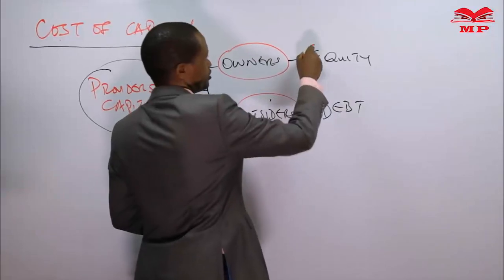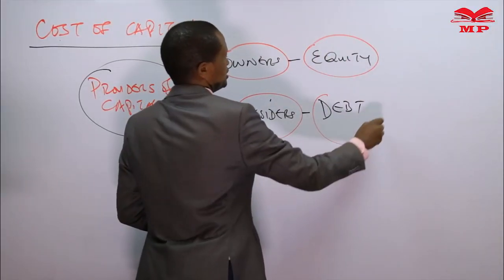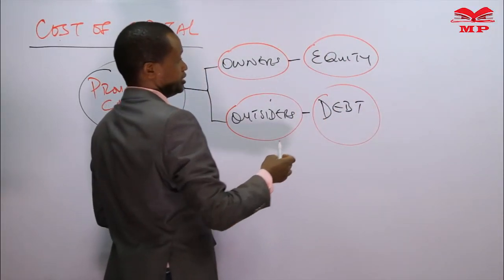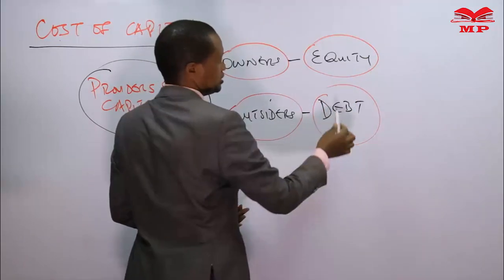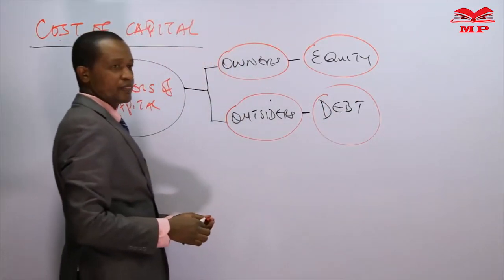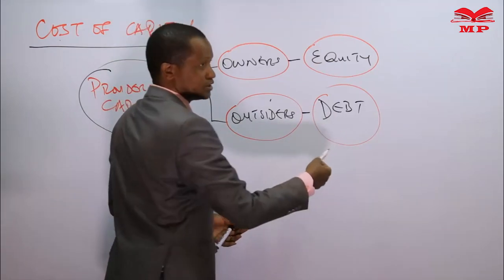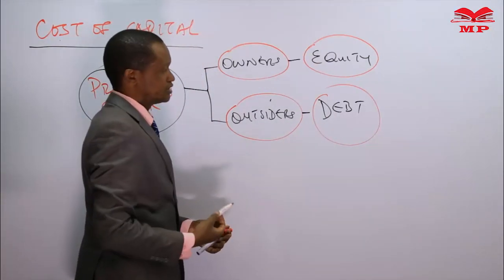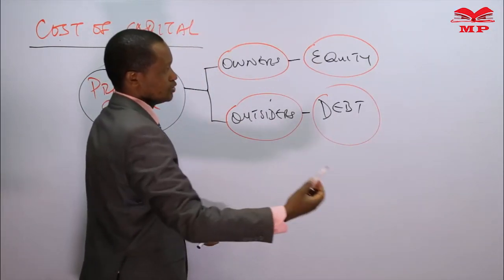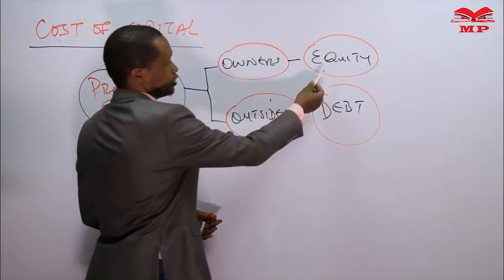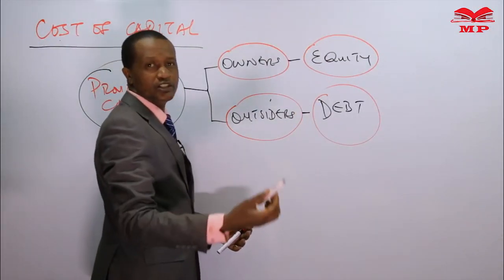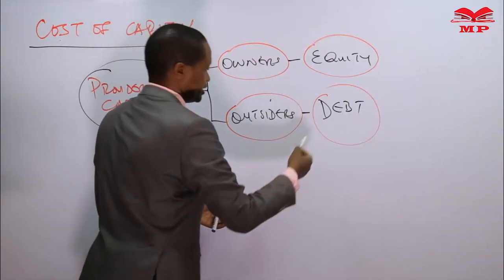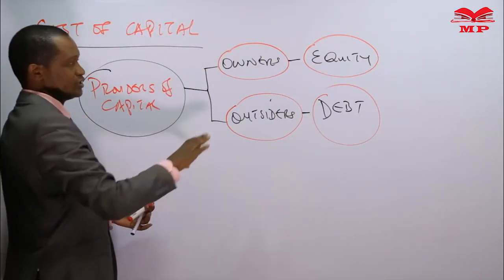So the capital of a company can either be in the form of equity or in the form of debt. And debt may comprise loans, debentures, bonds, and so on and so forth. Equity will comprise the ordinary share capital, the retained earnings, the reserves, and so on.